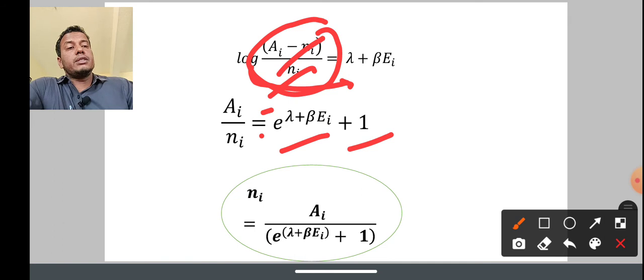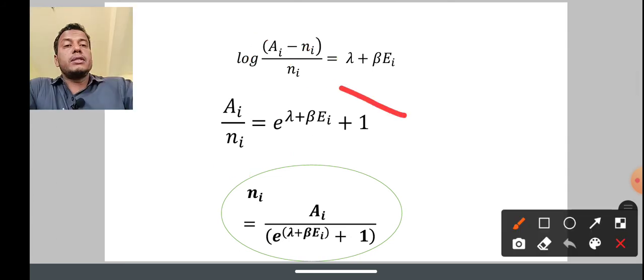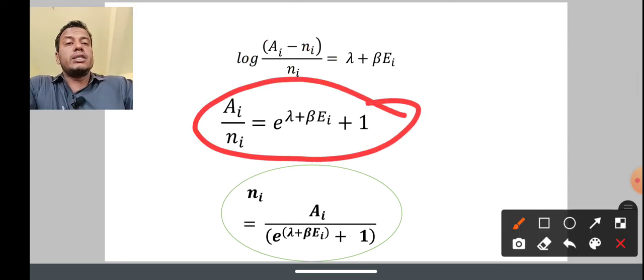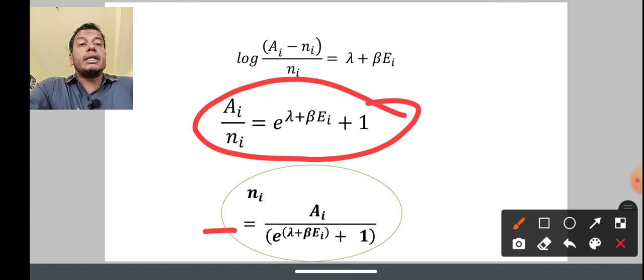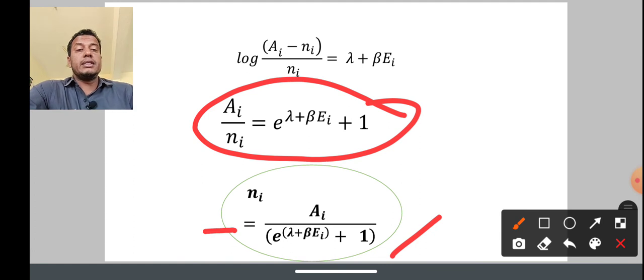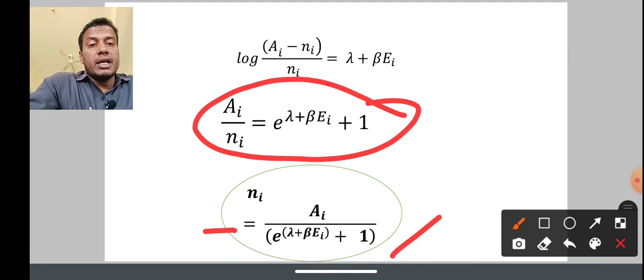From this equation we derive, on simplification, n_i is equal to a_i divided by e to the power of lambda plus beta e_i plus 1. This is the derived equation for the Fermi-Dirac distribution law.